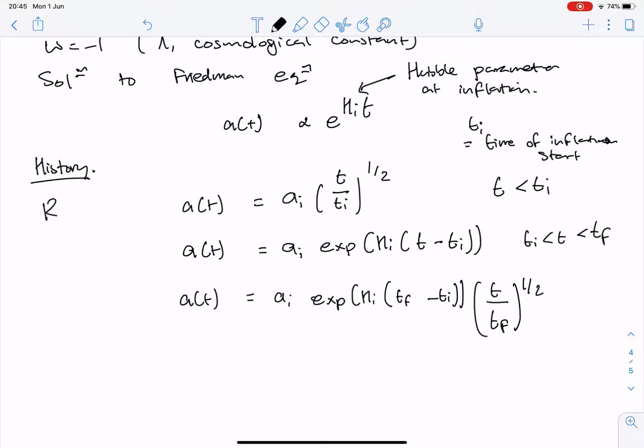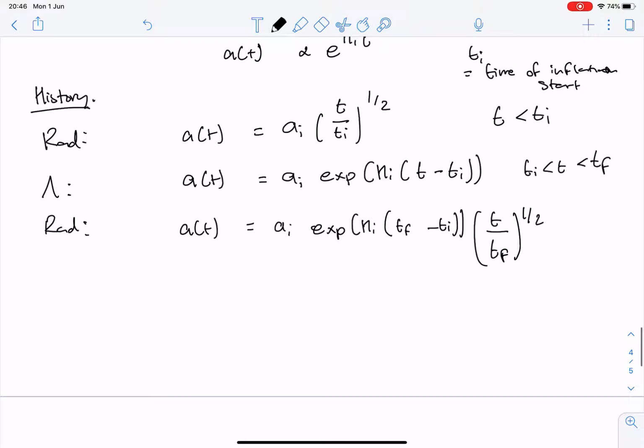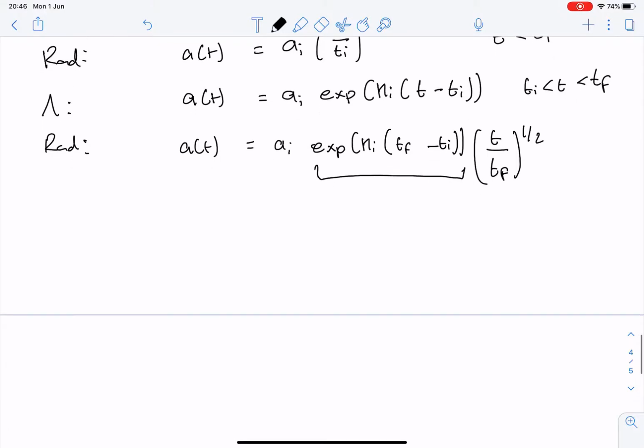So I have a period here where I'm radiation dominated. I'm then something that looks like lambda dominated. And then I go back to radiation dominated. But crucially, in the meantime, I've got this bit in here, which is my exponential growth of the scale factor. And what you commonly say is that you can look at the difference between the scale factor before and after.